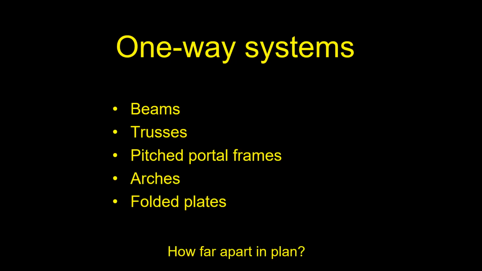be? Well, I suppose a rule of thumb is that the beams should be between 4 and 8 meters apart, because the further apart your beams or trusses are, the deeper are the purlins that span between those beams and trusses.